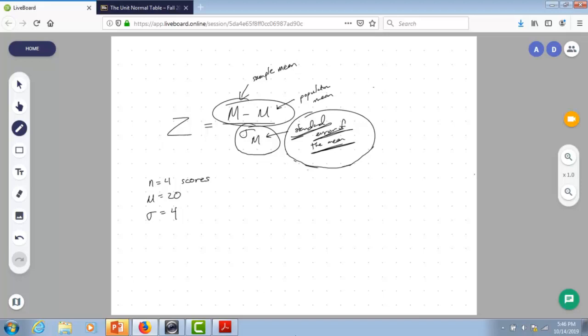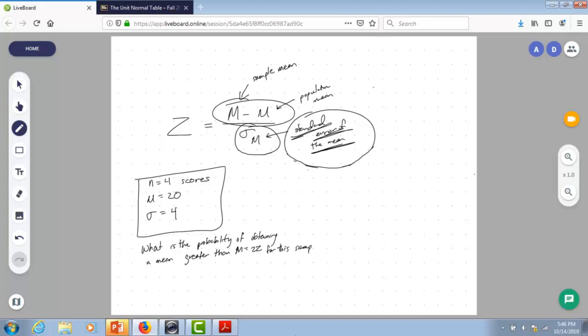Say based on this information, we were asked, what is the probability of obtaining a mean greater than M equals 22 for this sample?